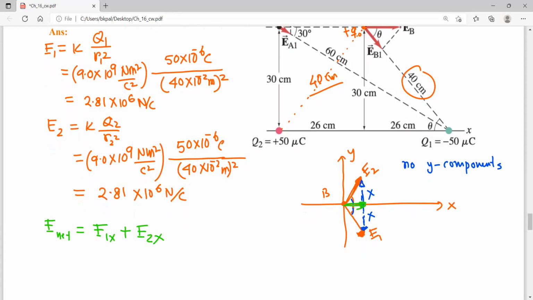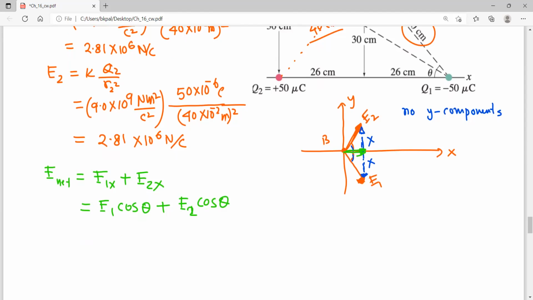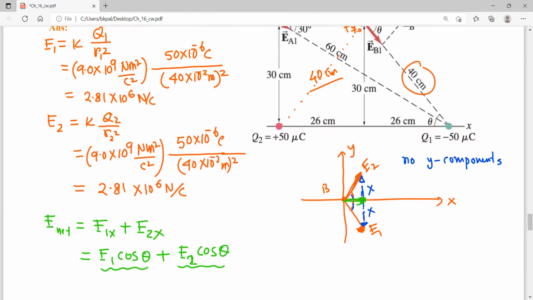Now we have to know what the angle is, because E1x will be E1 cosine theta, and E2x will also be E2 cosine theta. Actually the value of E1 cosine theta and E2 cosine theta will be the same, so we can write basically 2E1 cosine theta. But first we need to understand what theta is here. So what is cosine theta here?